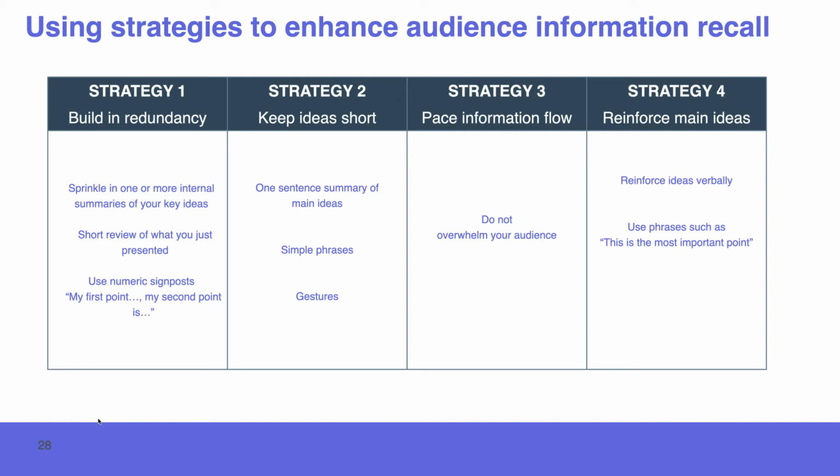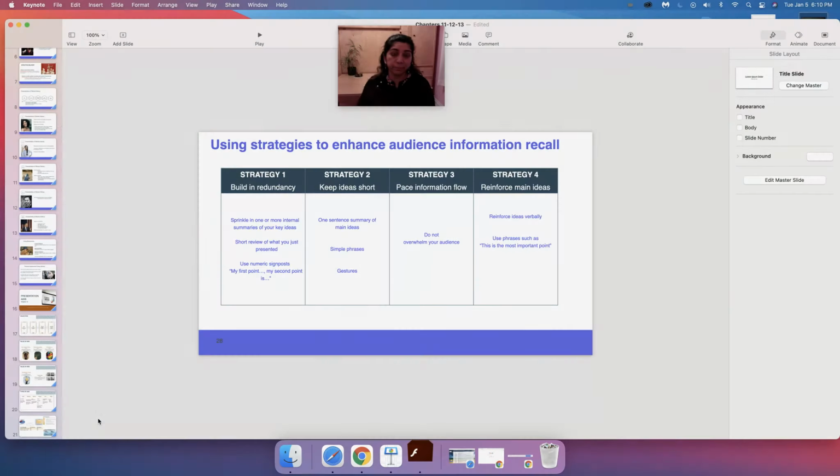Because they're not going to remember a lot of that information if you give them too much of it. So don't overwhelm your audience. Reinforce ideas, reinforce them verbally. Okay. You could kind of say, like, this is the most important point. So if you reinforce that, then people tend to remember it. So those kind of things help as well.